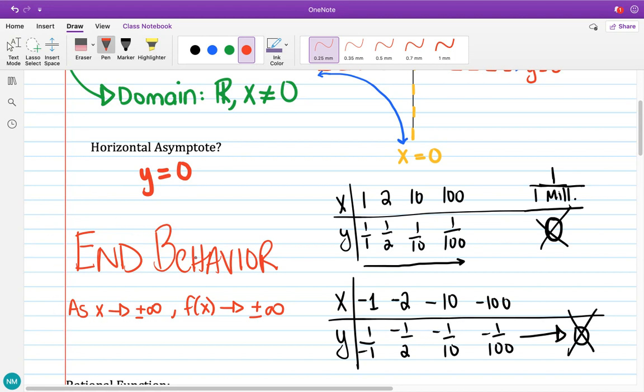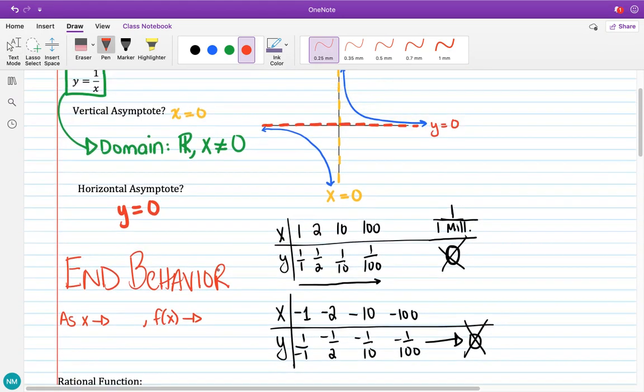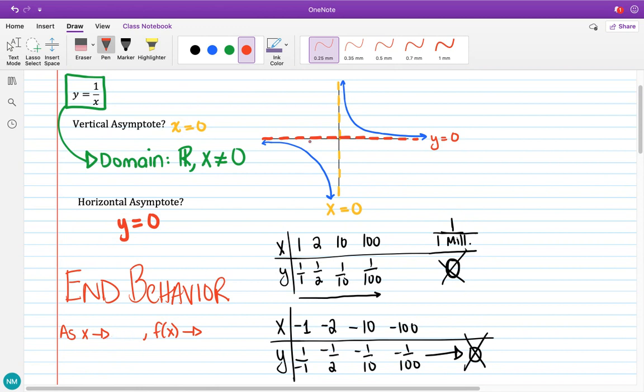But with this reciprocal function, as x approaches positive infinity, what does f of x approach? It's not going to positive infinity or negative infinity. The function is actually approaching 0.